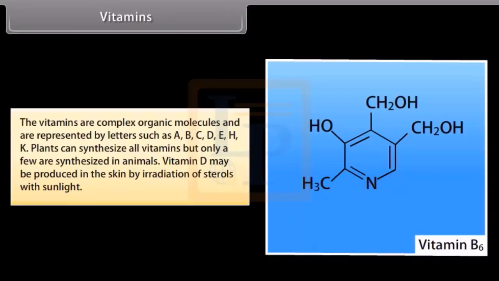The vitamins are complex organic molecules and are represented by letters such as A, B, C, D, E, H and K. Plants can synthesize all vitamins, but only a few are synthesized in animals. Vitamin D may be produced in the skin by irradiation of sterols with sunlight.